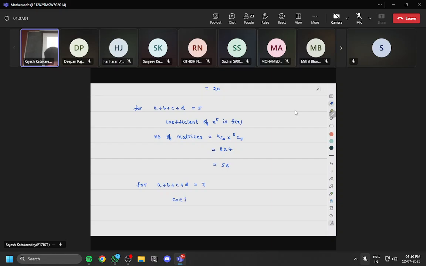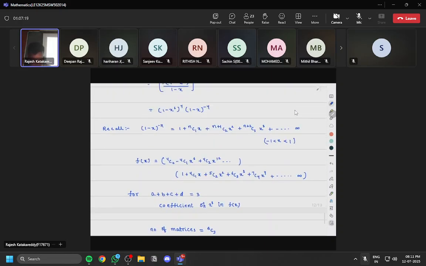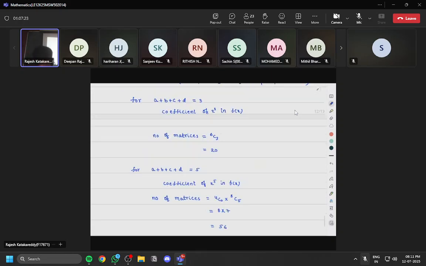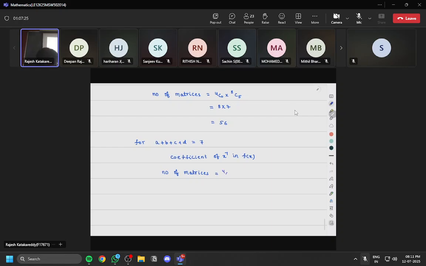So this will be the coefficient of x power 7 in f of x. The number of matrices will be... First, like notice that constant with x power 7. Perfect. 4C0 into 10C7.